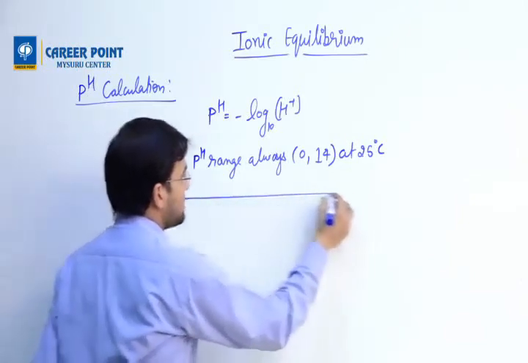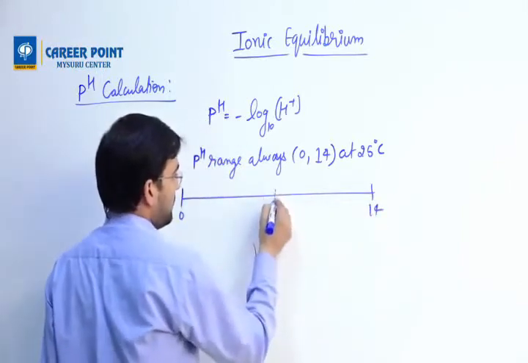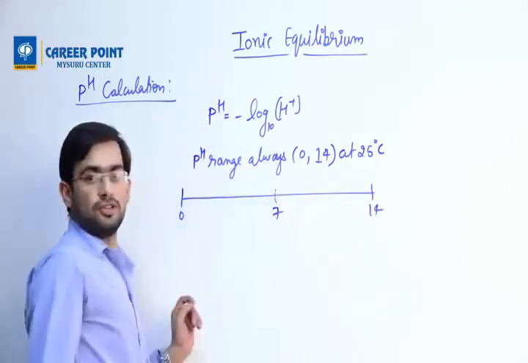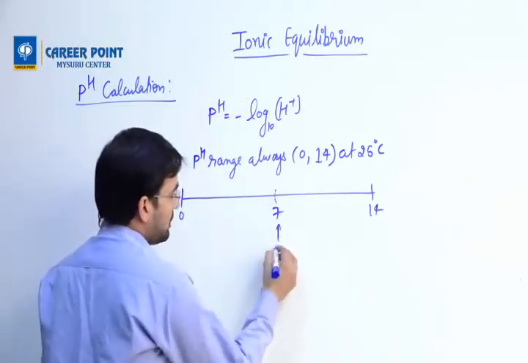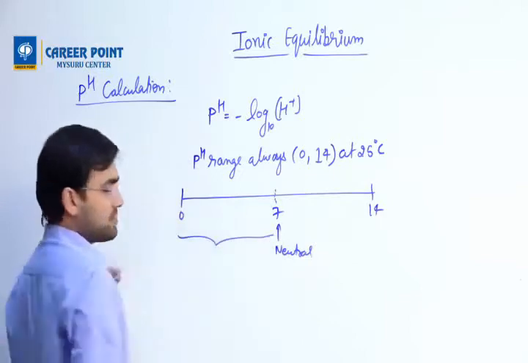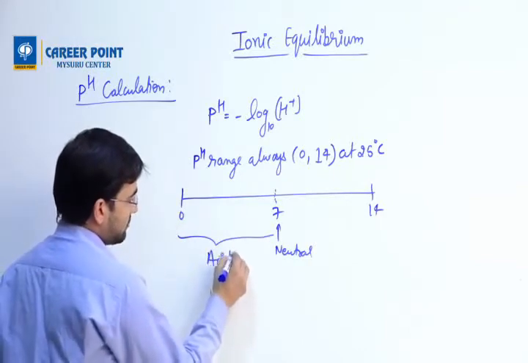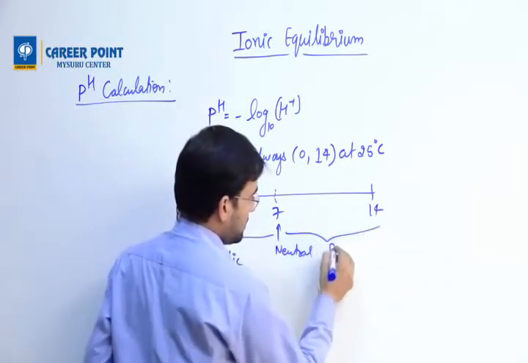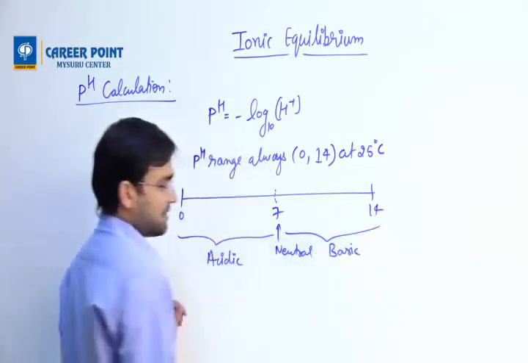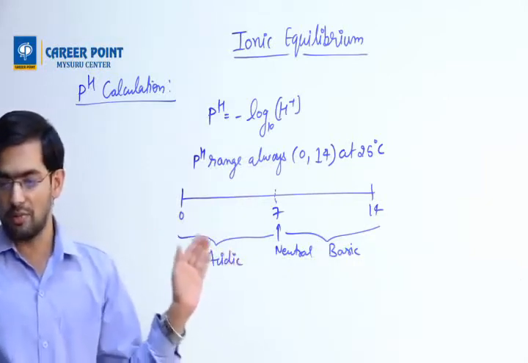If this is a pH scale, this is 0 value, this is 14 value, so somewhere in the middle there is a 7 value, which is the midpoint. This point is known as neutral. The whole range 0 to 7 is known as acidic. From 7 to 14 it is known as basic. So we get acidic, neutral, and also basic.